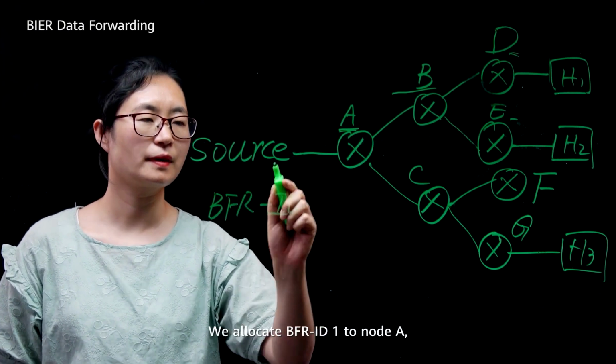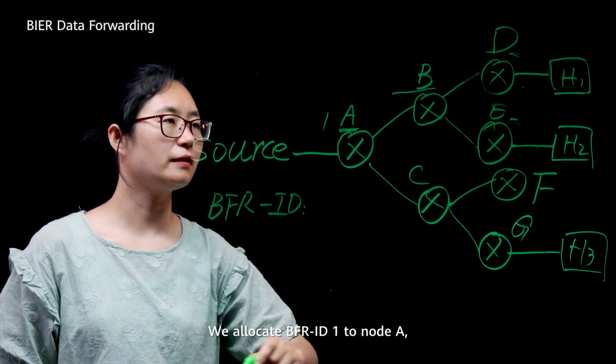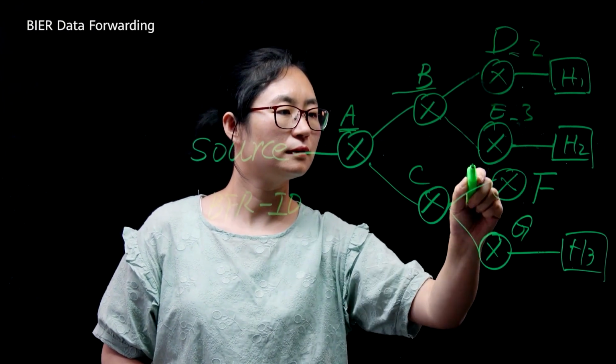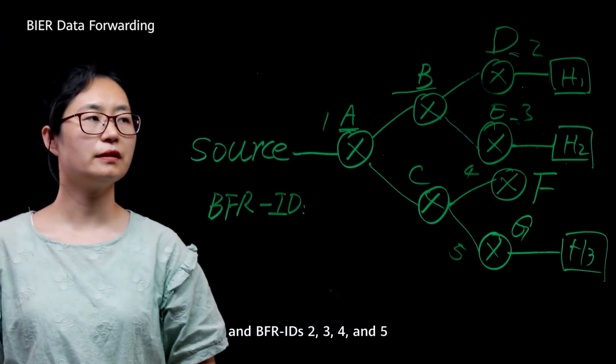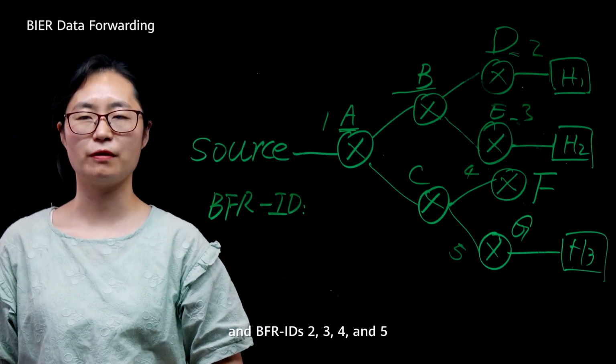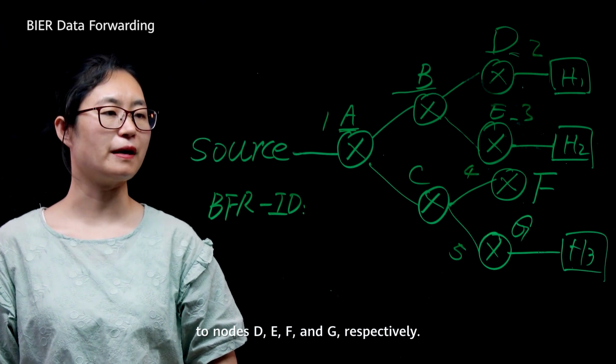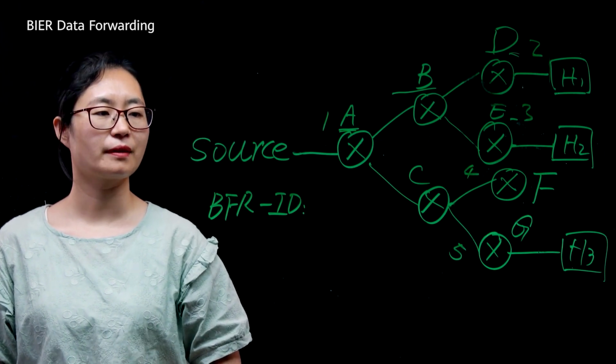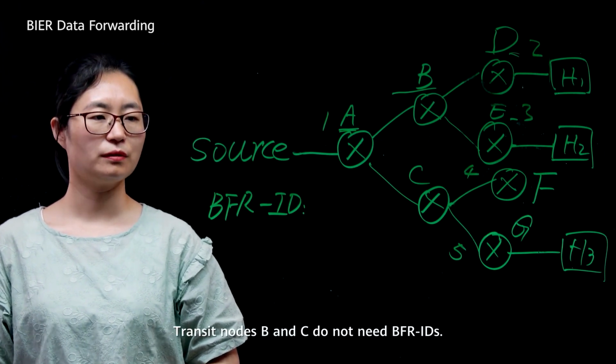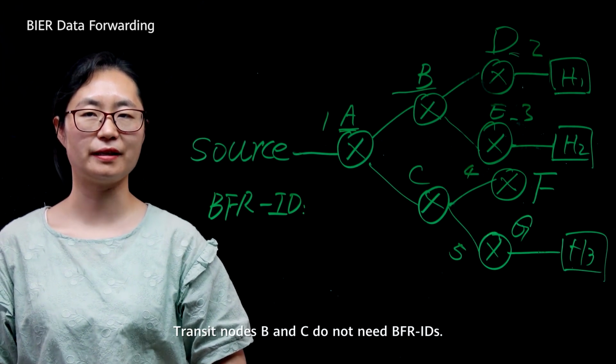We allocate BFR ID 1 to node A and BFR IDs 2, 3, 4, and 5 to nodes D, E, F, and G, respectively. Transit nodes B and C do not need BFR IDs.